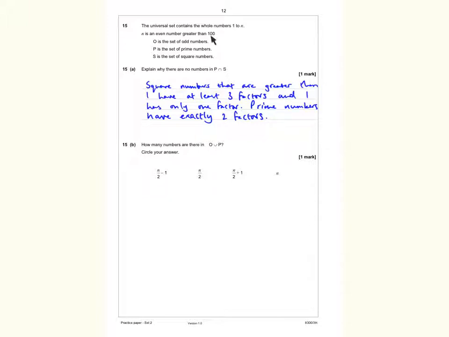So for example, if n was 102, there will be 51 odd numbers and 51 even numbers. Half of them would be odd, half of them would be even, and that will be the case for any number that we take for n using these conditions.